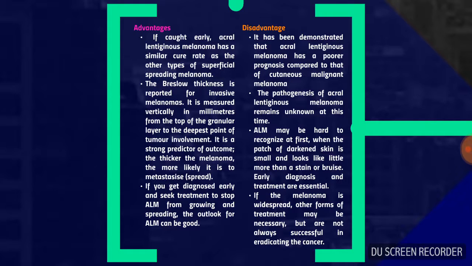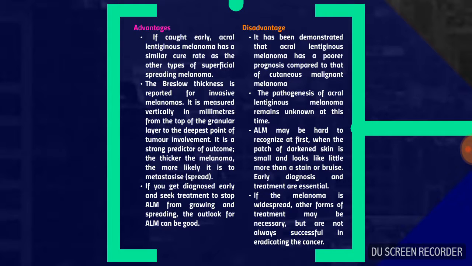Disadvantage: it has been demonstrated that acral lentiginous melanoma has a poorer prognosis compared to that of cutaneous malignant melanoma. The pathogenesis of acral lentiginous melanoma remains unknown at this time.